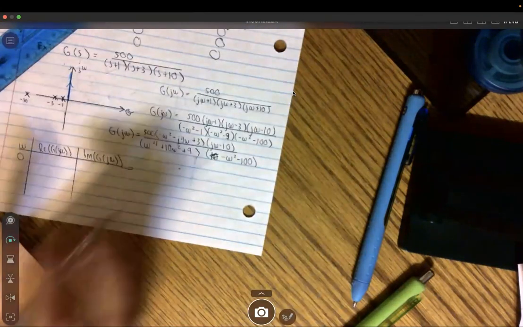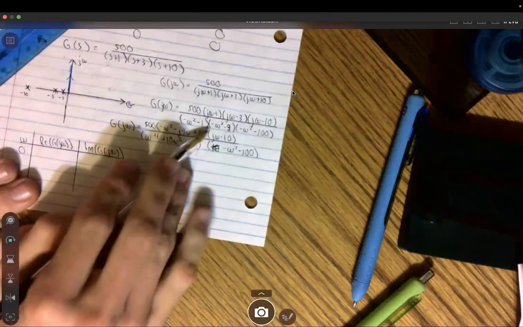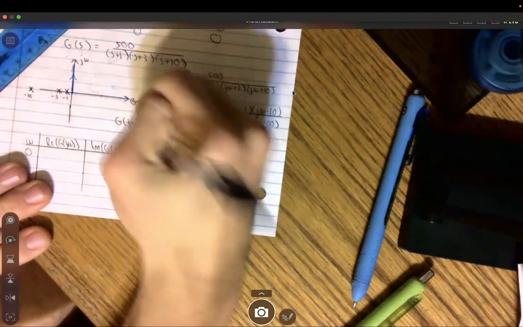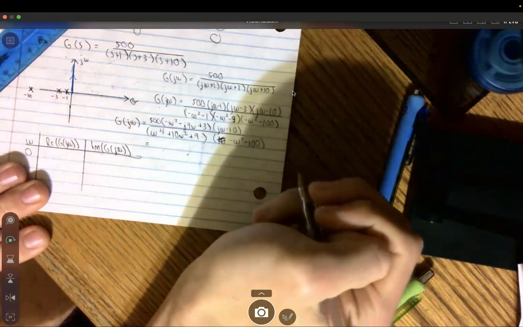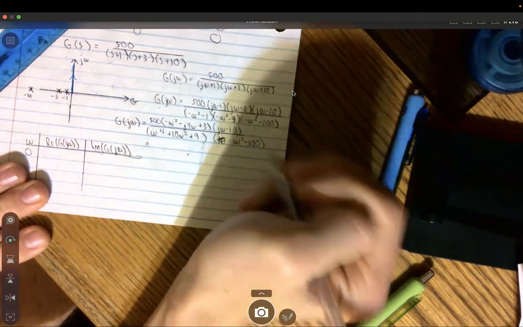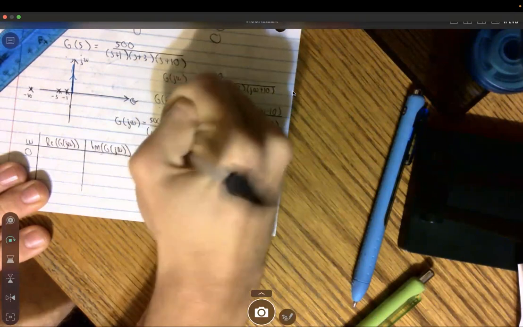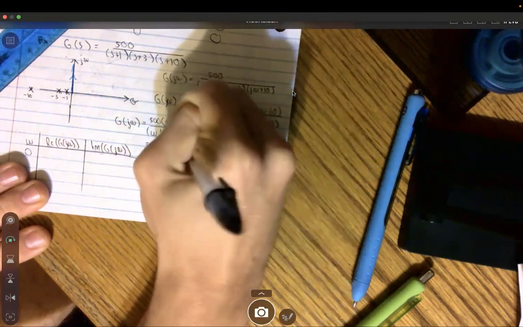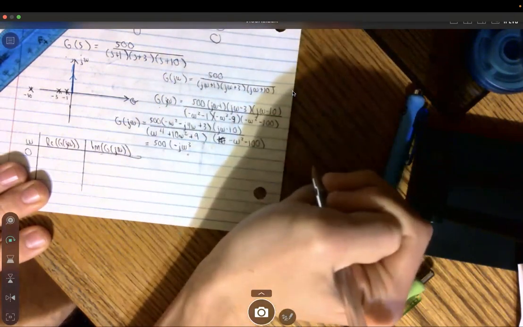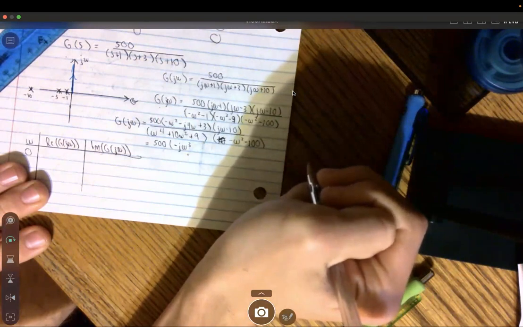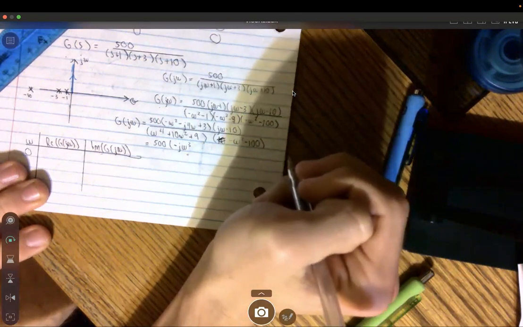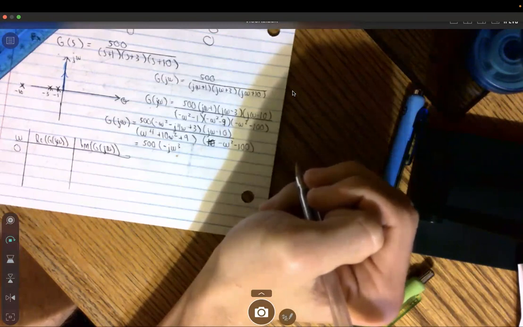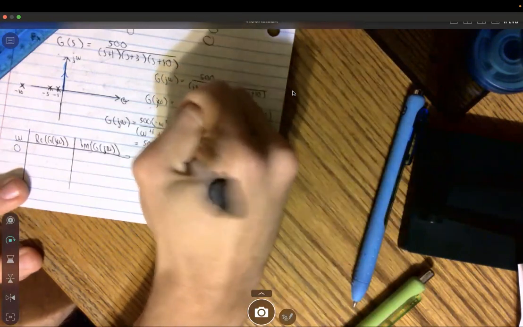So then multiplying the numerator out again, getting this one multiplied by this one, we're going to get, let's see, it would become jω, so that'd be 500, then minus jω cubed. Then we're going to get minus j squared, which would be plus, and then that'd be 4ω squared.